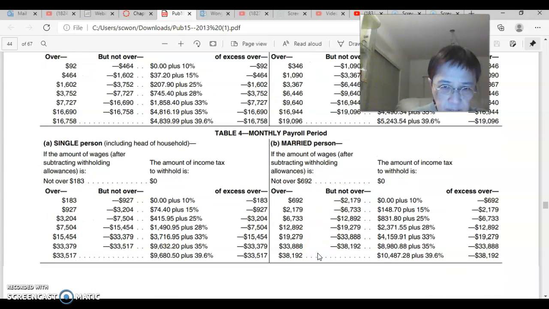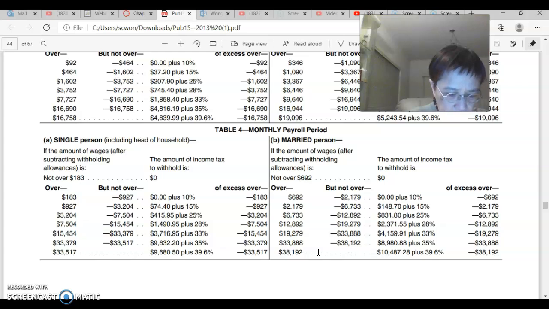So after the withholding, he got $1,275. 1,275 is over 692, but less than 2,179. So we take the $1,275 minus the 692 times the 10%.